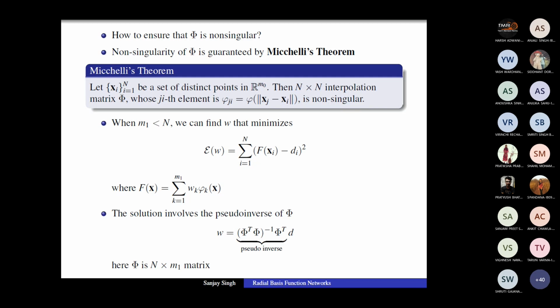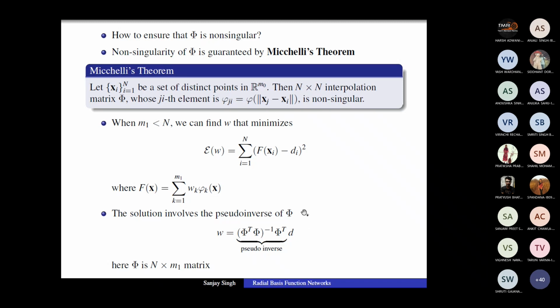Now the solution involves, of course, I'm not solving here, though it is straightforward, you can do and substitute this. You can transform this particular equation in some sort of vectorial notation and work accordingly. And this solution involves the pseudo inverse of phi.